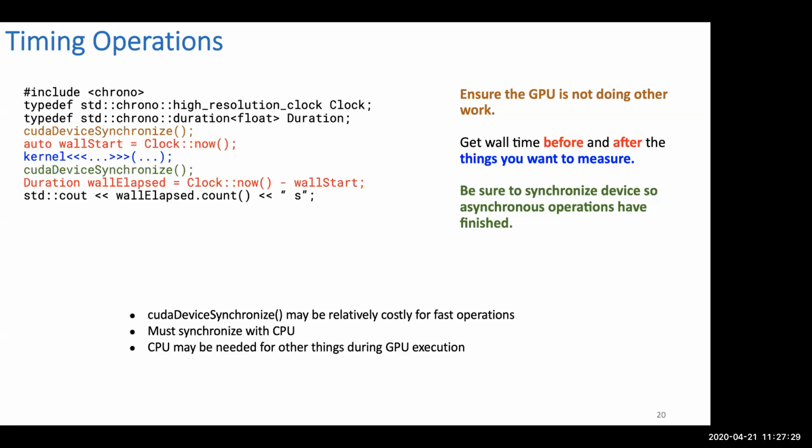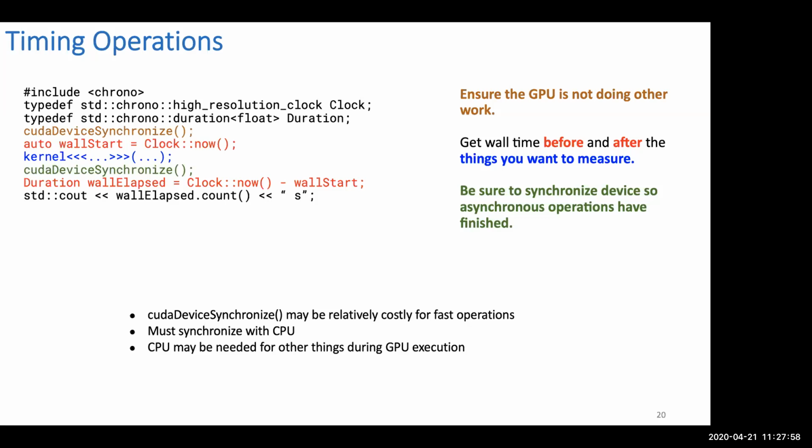The other downside is that you have to synchronize the GPU with the CPU. So if you're trying to measure the performance of some kernel operation in the middle of your application, and your application has many asynchronous GPU things going on at once, this synchronization may artificially change the execution of the program in a way that makes your measurement unrealistic.